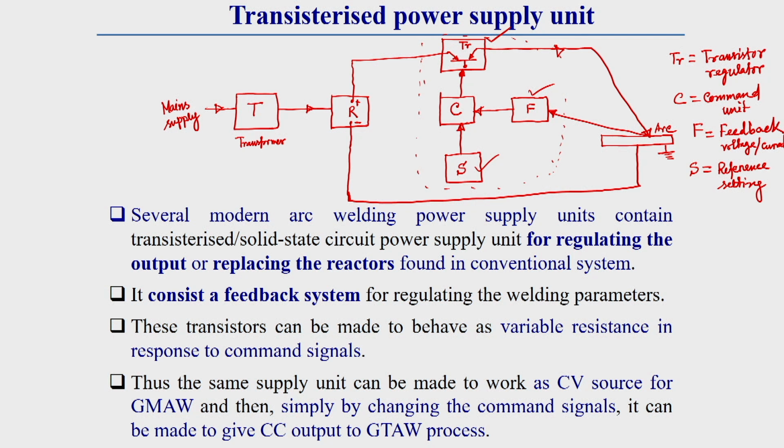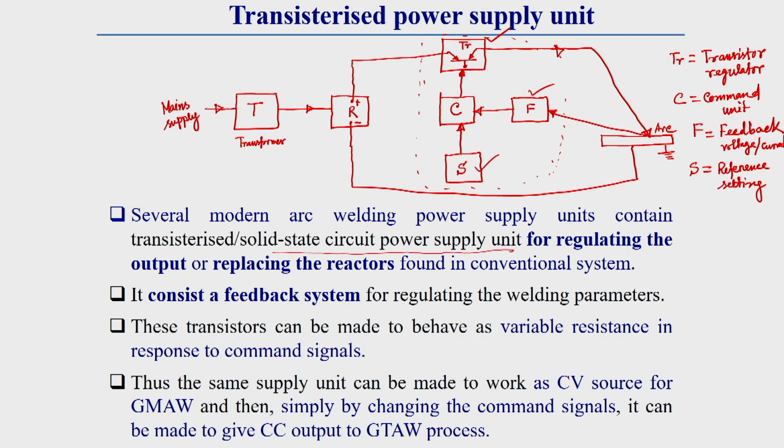Generally this is the complete circuit diagram of the transistor power supply unit. Several modern arc welding power supply units contain this transistor, or it is sometimes called a solid circuit power supply unit.